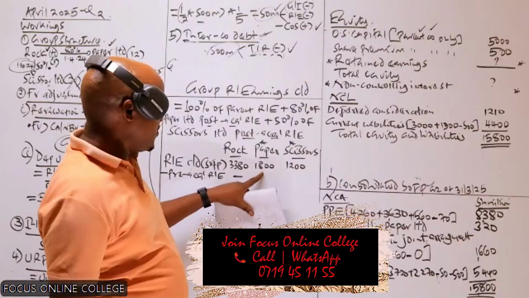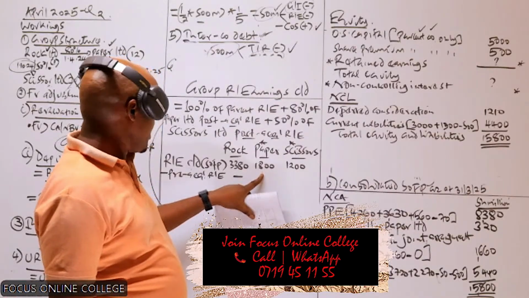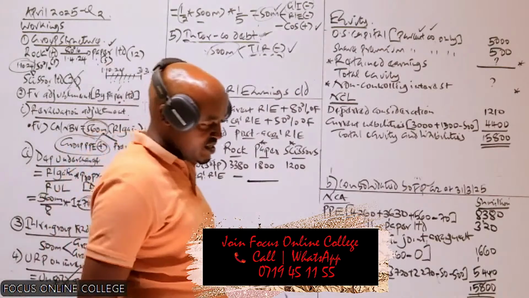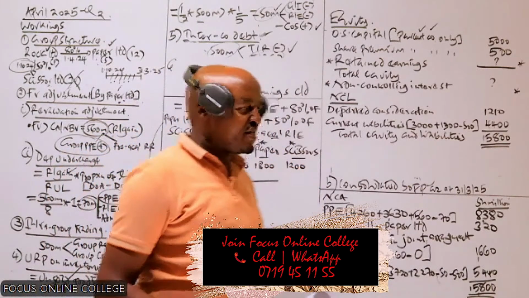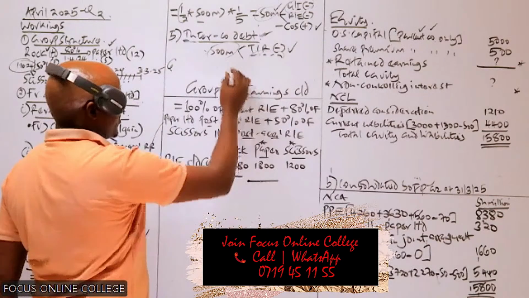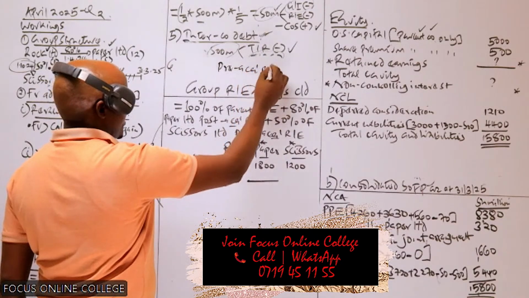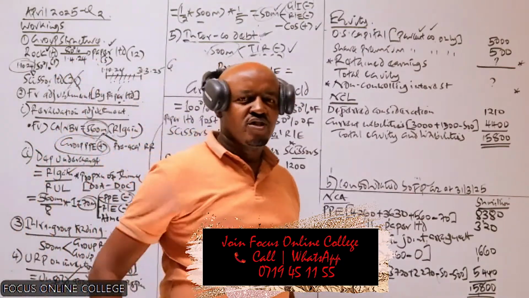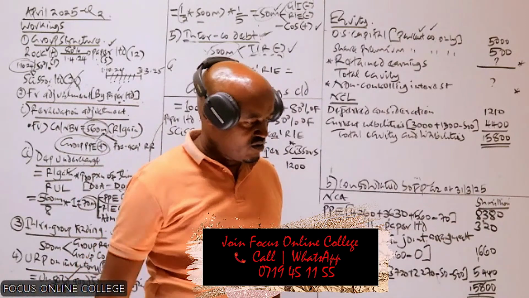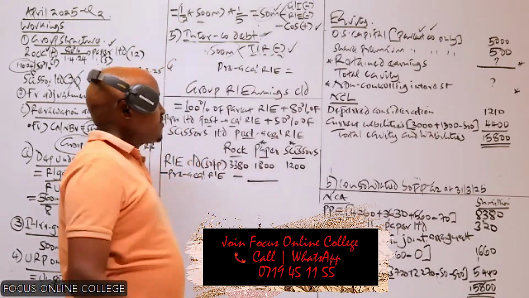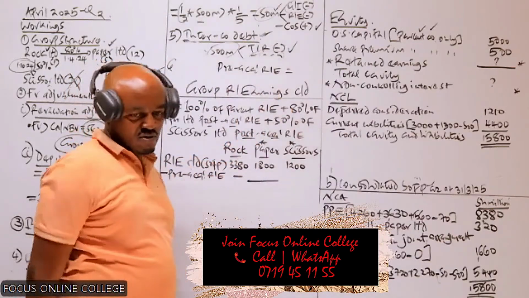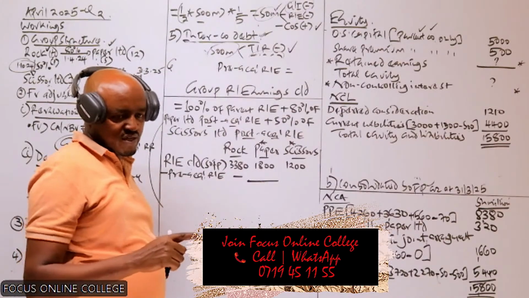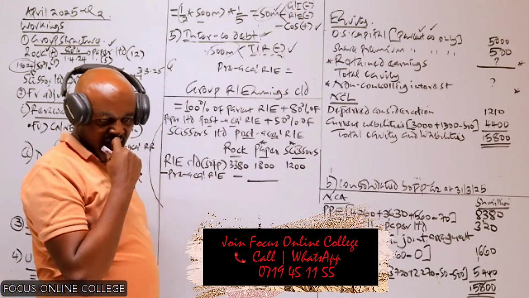For Paper, we computed the pre-acquisition retained earnings, which we have used in the computation of goodwill. How much was it? Give me that figure. Who can give me that figure?